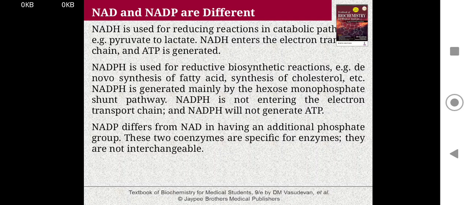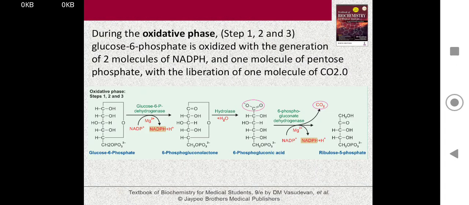NADPH does not enter the ETC to generate ATP. NADP differs from NAD in having an additional phosphate group. These two coenzymes are specific for enzymes. They are not interchangeable. So you have to mention NADP or NADPH correctly.